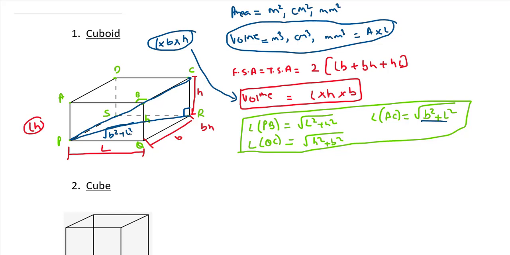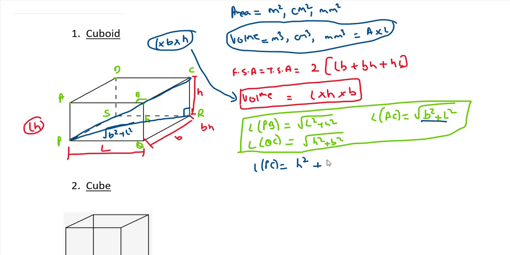So we will apply the Pythagoras theorem in this triangle PCR. We will get the length of PC. So the length of body diagonal PC will be square root of CR square, which is H square, plus PR square, which will be B square plus L square.